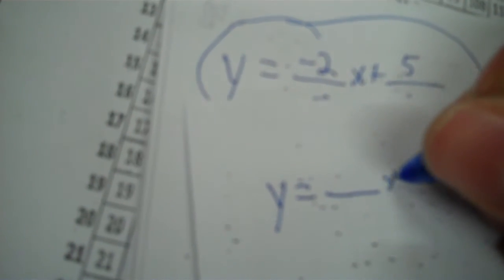Okay, next one. So on the y-axis, right there, okay. So 1, 2, 3, 4. So you're at 4.